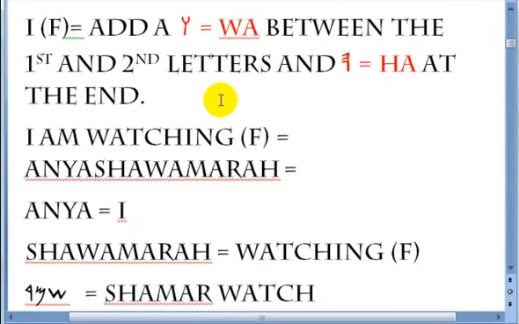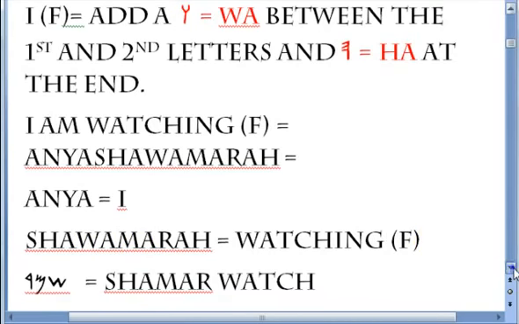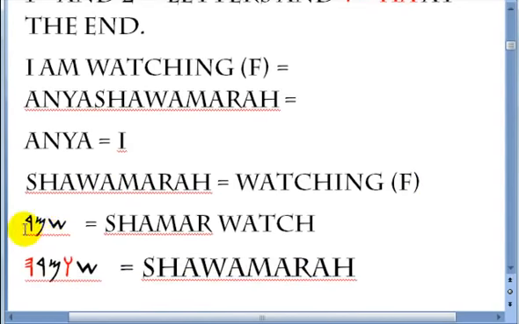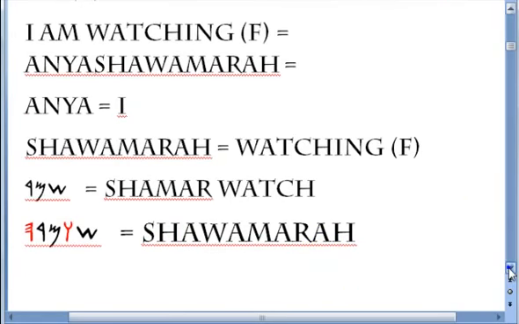I'll give you an example. I am watching, feminine. Anya shawamara. Anya is I, shawamara is watching in the feminine tense. The word shamar is watch. Shawamara is watching. I didn't write that down.